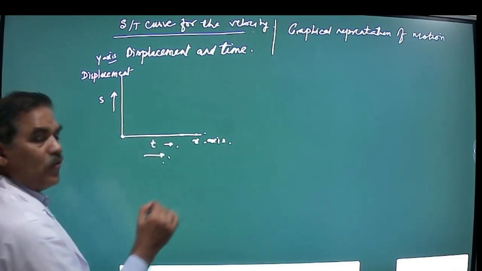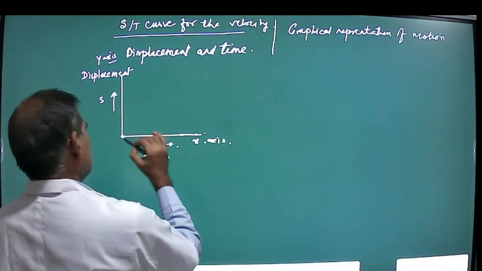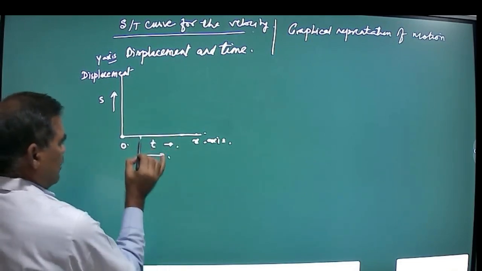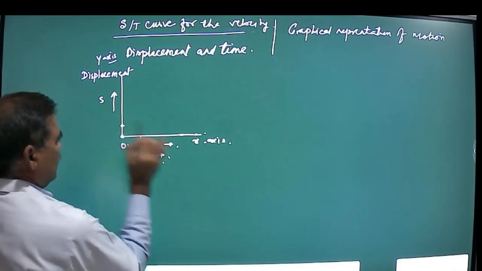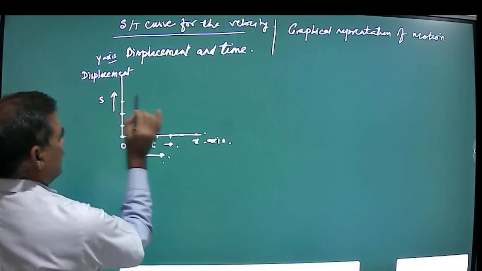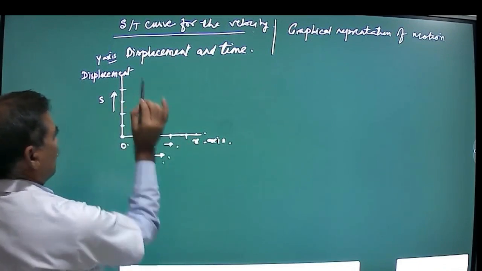Suppose a particle is moving with uniform velocity. So what happened? At 0 time, it is at 0. At 1 second, it is somewhere. At 2 seconds, it is somewhere, at 3 seconds, at 4 seconds, somewhere.